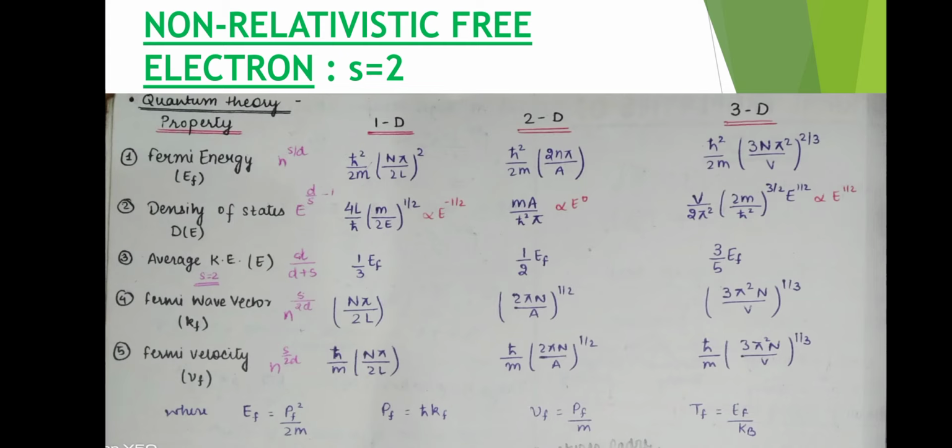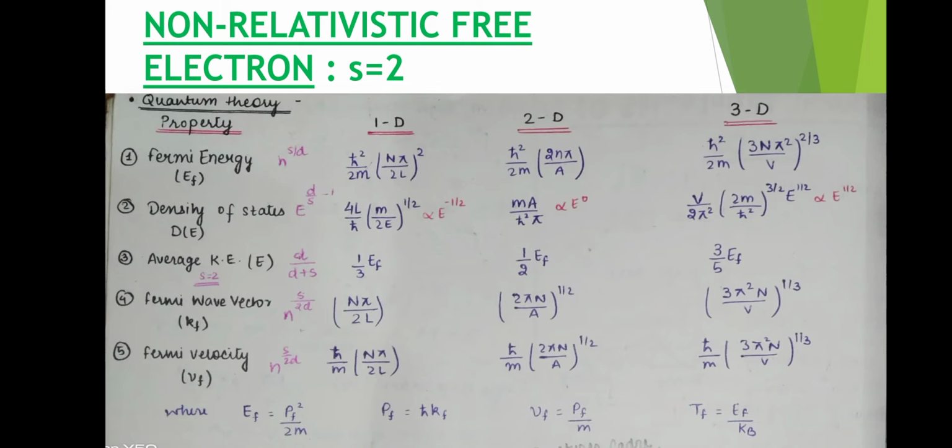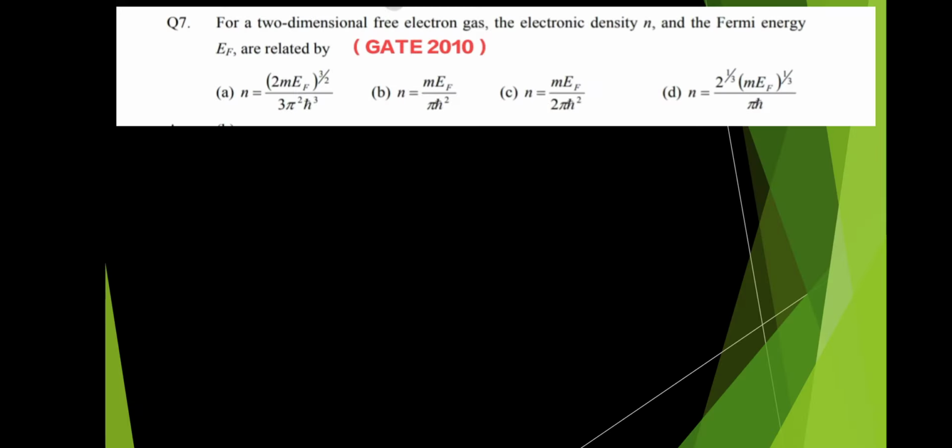So let us discuss the questions. You will understand these concepts. So the first question is: for a two-dimensional free electron gas, the number density and the Fermi energy are related by. So in the previous table, the relation is already given.